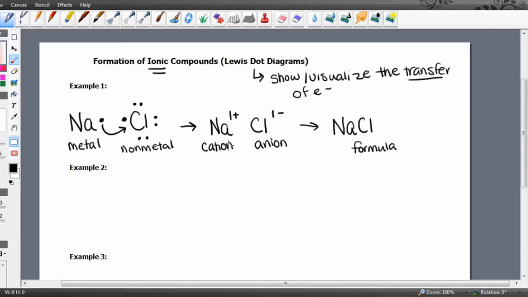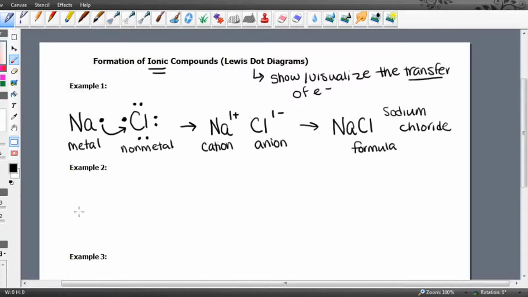That is going to show us the electrostatic force that's going to hold this compound together, the 1 plus attracted to the 1 minus, resulting in the formula of the compound as NaCl. And we, of course, know the name of that is sodium chloride. Let's see if you guys can recognize a pattern in these names as we go on and do 2 more examples.